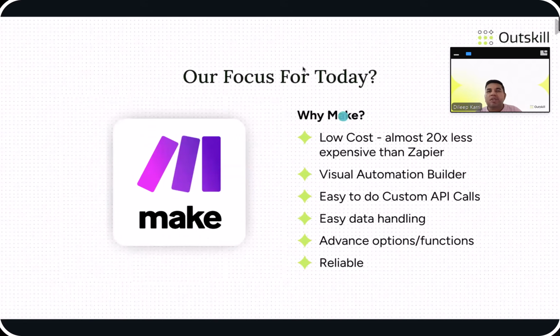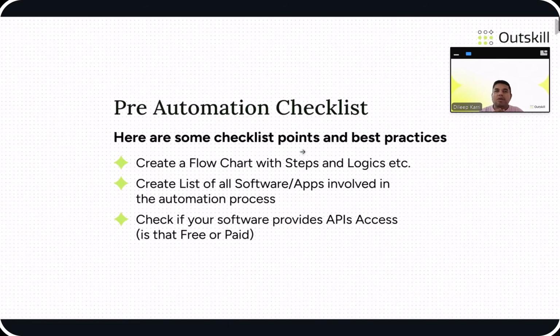Our focus for today is make.com, where we are going to build this complete automation. We are using Make for today because it is lower cost, less expensive than Zapier, a visual automation builder, and quite reliable. So for the next 1 hour or so, we are going to build out this automation.